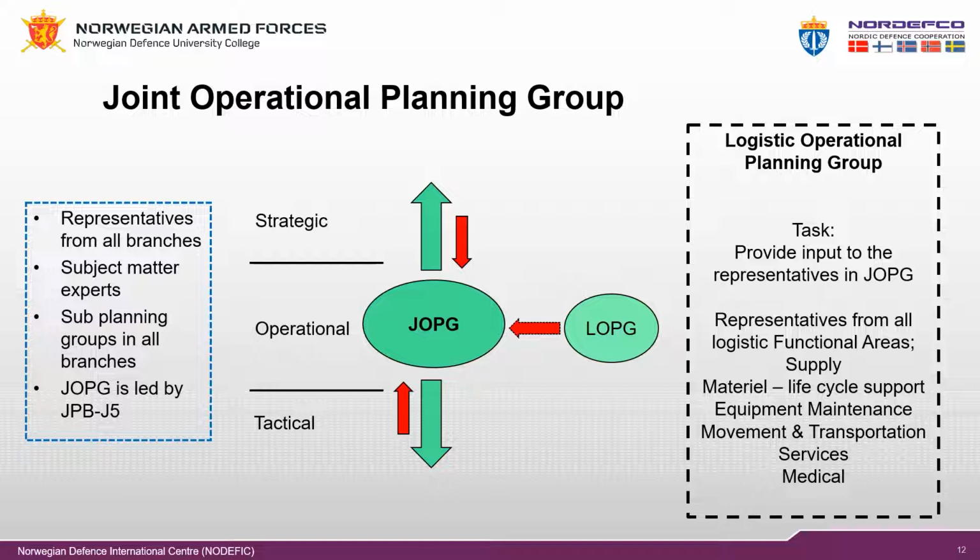The Logistic Sub-Planning Group is called Logistic Operational Planning Group and consists of logistic representatives from all logistic functional areas: supply, material, life cycle support, equipment and maintenance, movement and transportation, services, medical. The Logistic Operational Planning Group's task is to provide input to the logistic representatives in the Joint Operational Planning Group.